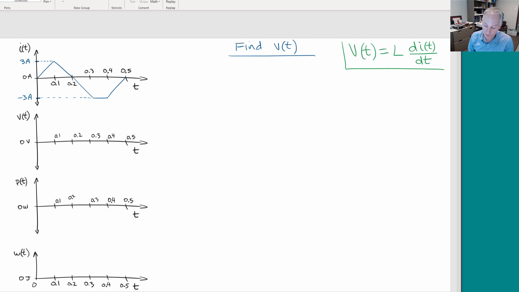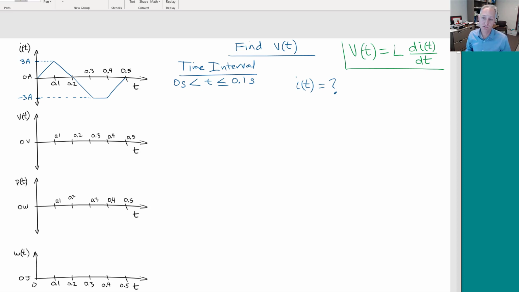The equation that we're going to consider is voltage is equal to L di/dt. This is a really important equation, and it relates the voltage to the current. So how do we start this? How do we get our information? We need to find di/dt, but let's take one step back and find i of t.